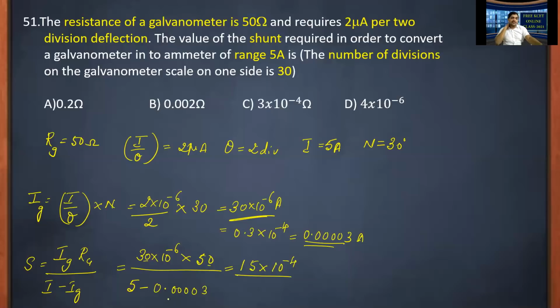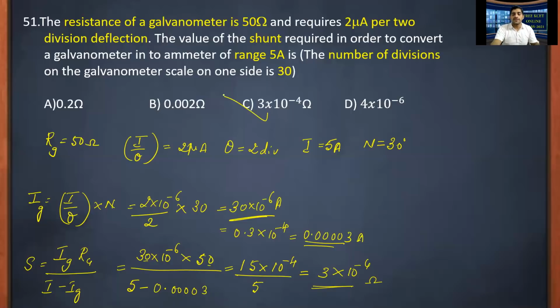This subtraction is not going to change the value much, so for an easier calculation I can approximately take it as 5 itself. So 5 threes are 15, 3 into 10 to the power minus 4. So this will be the answer, 3 into 10 to the power minus 4 ohms.